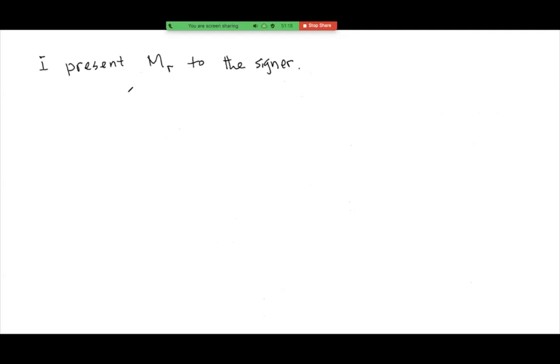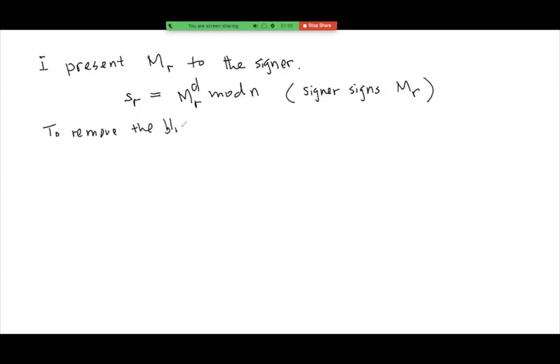So what I get, let's say, is S sub R, which is M sub R to the D's power mod N. This is the signer signs M sub R. So now I need to remove the blind factor, which is R, from S sub R to obtain S sub M, which is equal to M to the D's power mod N. So that's what I want.